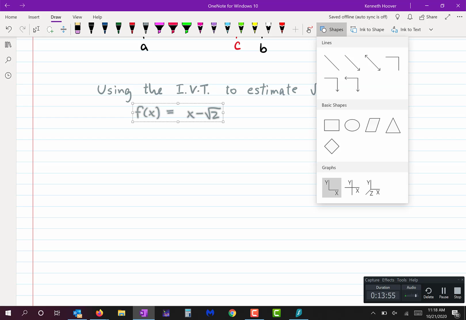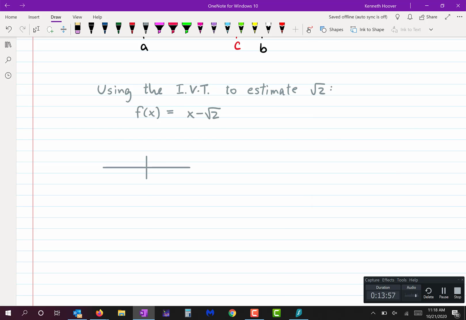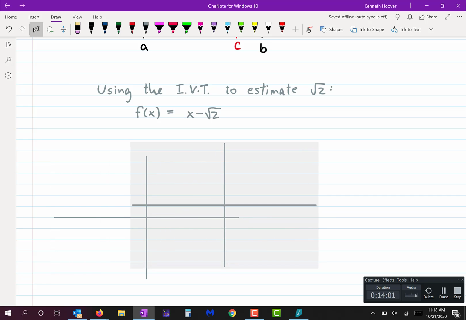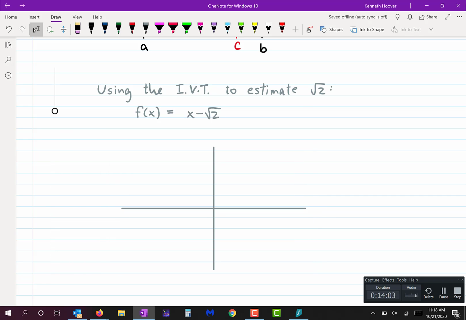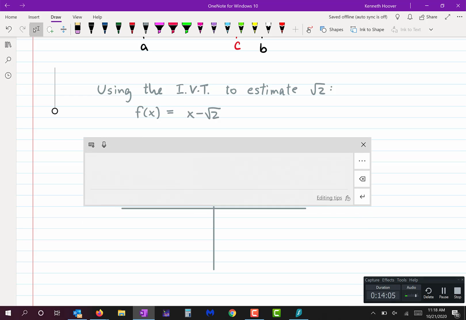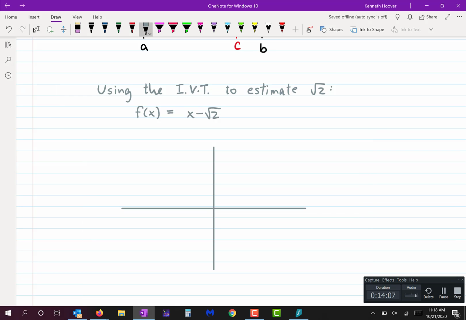So what you can do is you can say, all right, so let's say here's 1 and here's 2. Okay? The square root of 2 is somewhere between there.